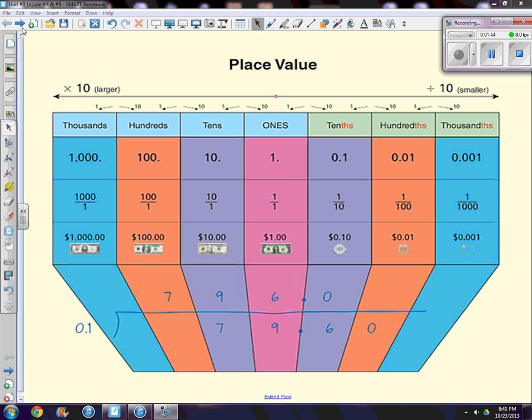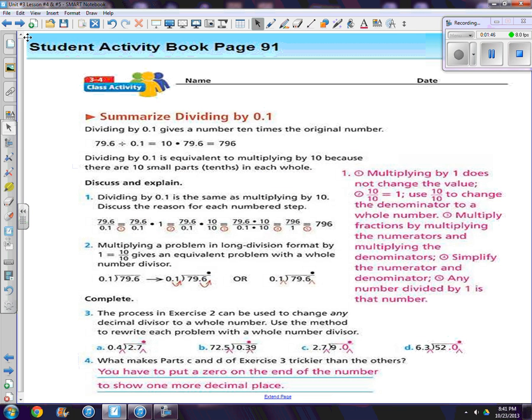Moving on to tonight's lesson, in your black notebook, please copy down page 91, and we're going to get started here. First thing it has us doing is walking through summarizing dividing by 0.1, and it goes to say dividing by 0.1 gives you a number 10 times the original number.